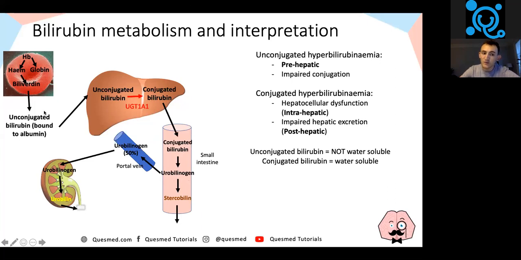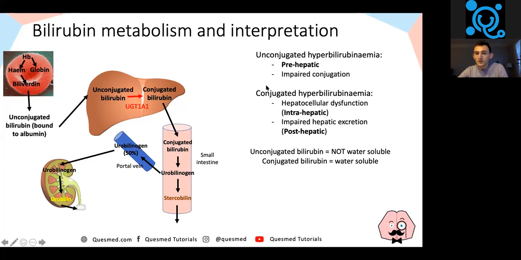And it's just because you have such high concentrations of unconjugated bilirubin, and that all ends up following through, meaning you get higher conjugated bilirubin, higher urobilinogen, and then that goes through to the kidney. And that's why you get increased urobilinogen in prehepatic disease.